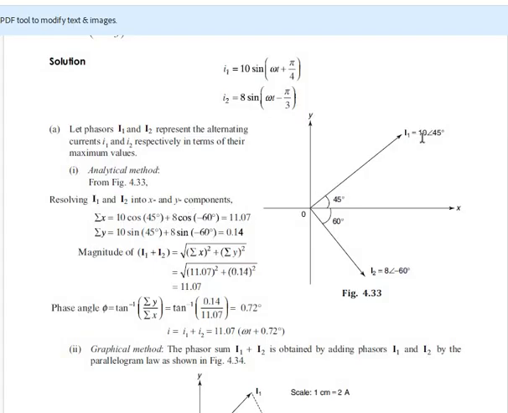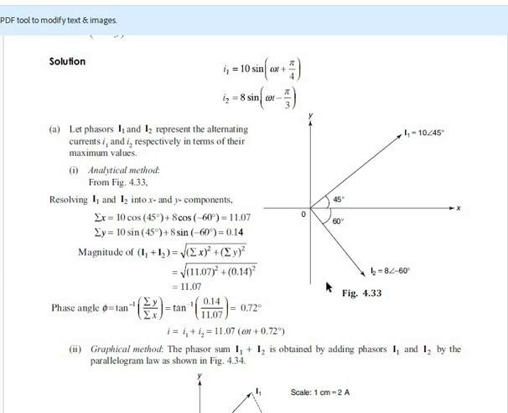Here we have I1 equal to 10 at an angle of 45 degrees and I2 equal to 8 at an angle of minus 60 degrees. By adding the x components of I1 and I2 we get 11.07. For the y components, 10 sin 45 plus 8 sin minus 60 is equal to 0.14.